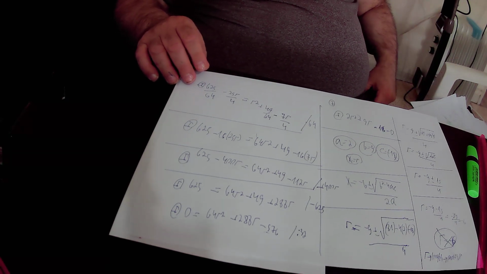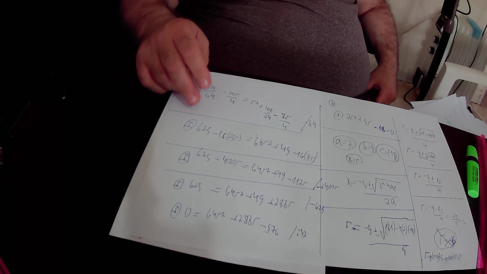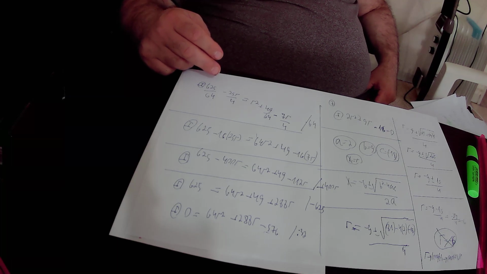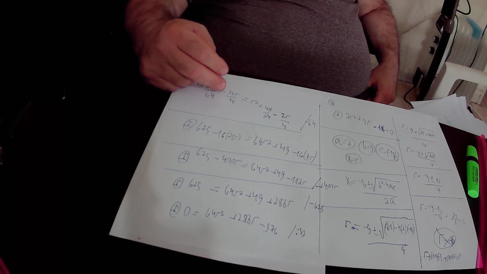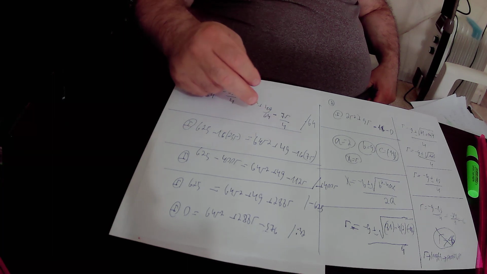and we got that 625 over 64 times 64 is 625, minus 25r over 4 times 64 is minus 16 times 25r. And r squared times 64 is 64r squared. 49 times 64 over 64 is 49.